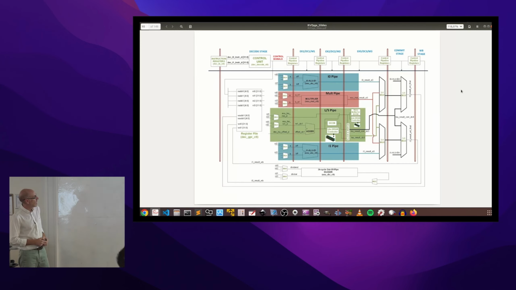Next, the decode stage decodes the instruction, generating the control signals, which are propagated to the next stages, and also the register file is accessed. The register file in this processor has 4 read ports and 3 write ports.